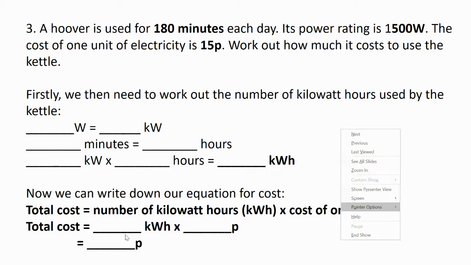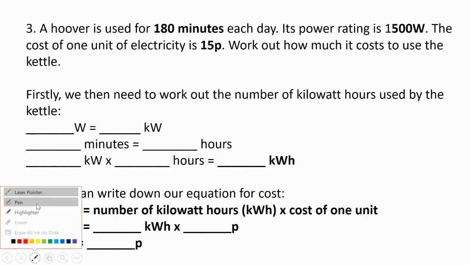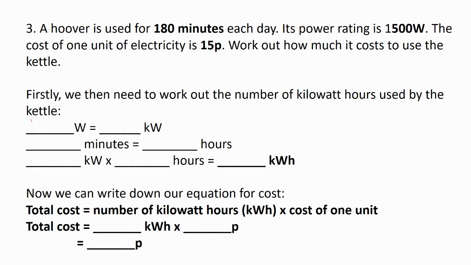So let's quickly write in some numbers, see if you got this right. So 1,500 is 1.5. 180 is 3 hours.